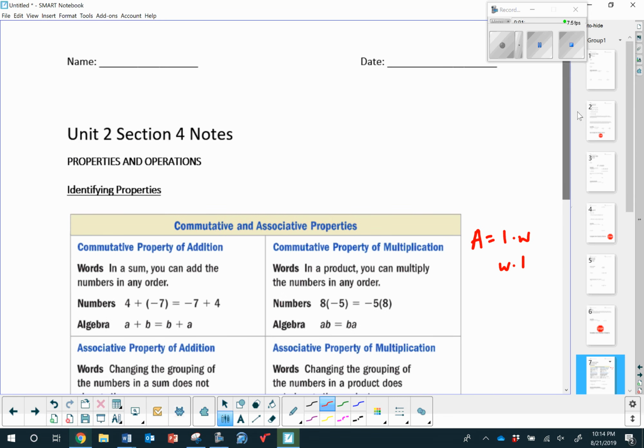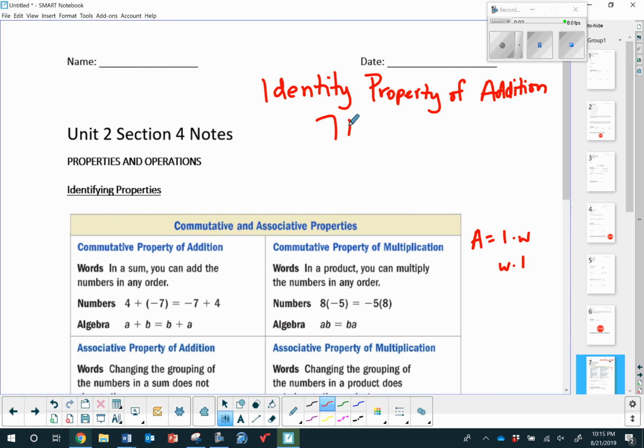All right, so two more properties I'd like you to write down. One is the identity property of addition. And that property says that any number plus 0 equals itself. So 7 plus 0 equals 7.